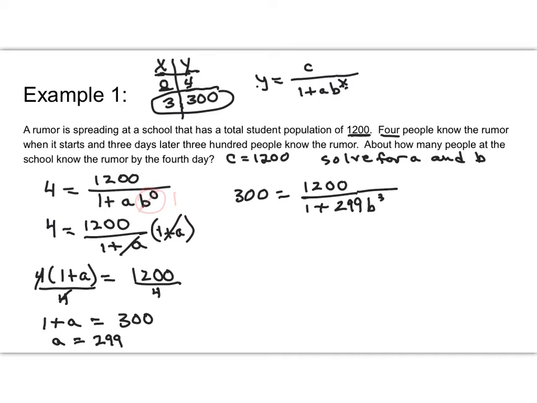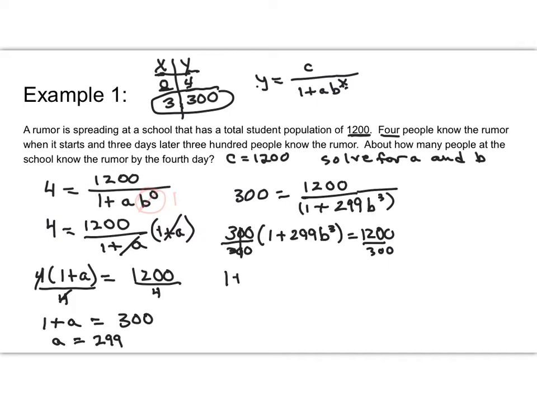Okay, I'm going to multiply both sides by this denominator here so that I can move it. And then I'm going to divide both sides by 300. And that's going to cancel out.